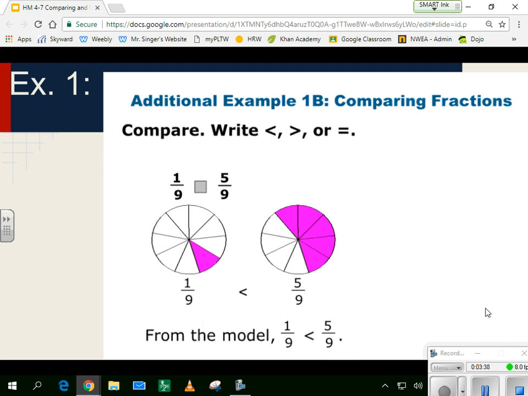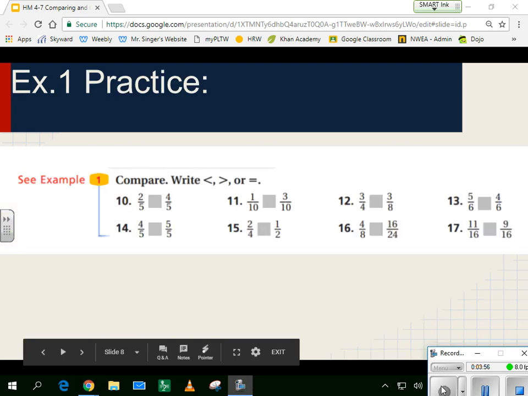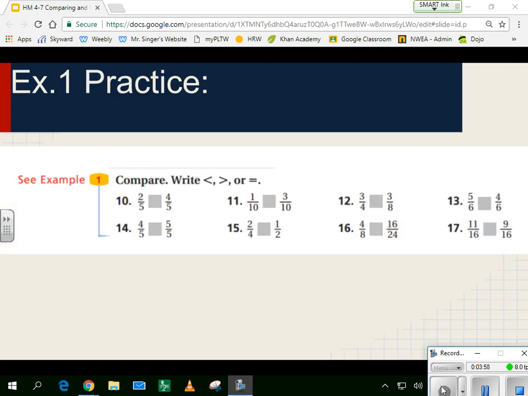But again, thinking on a number line, 5 is further to the right than 1 is. So when you have like denominators, or common denominators here, 9 and 9, it makes it real easy that all you got to do is look at the numerator to be able to compare which one's greater than, less than, or equal to.